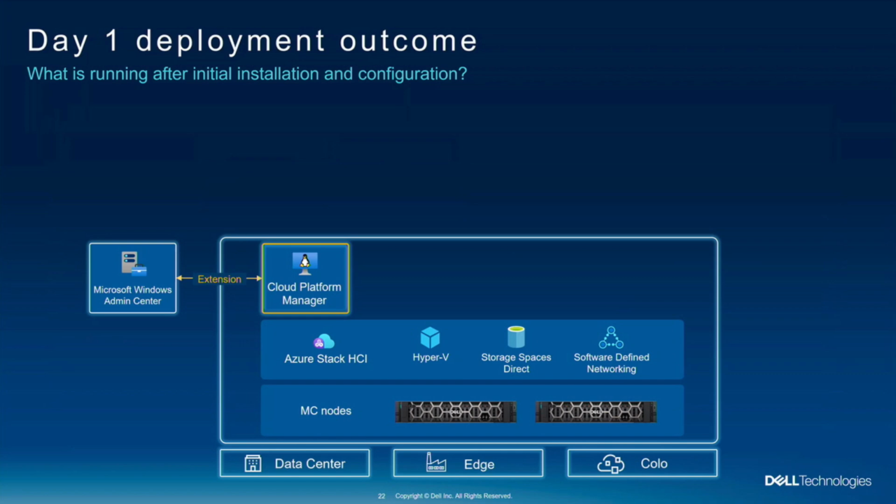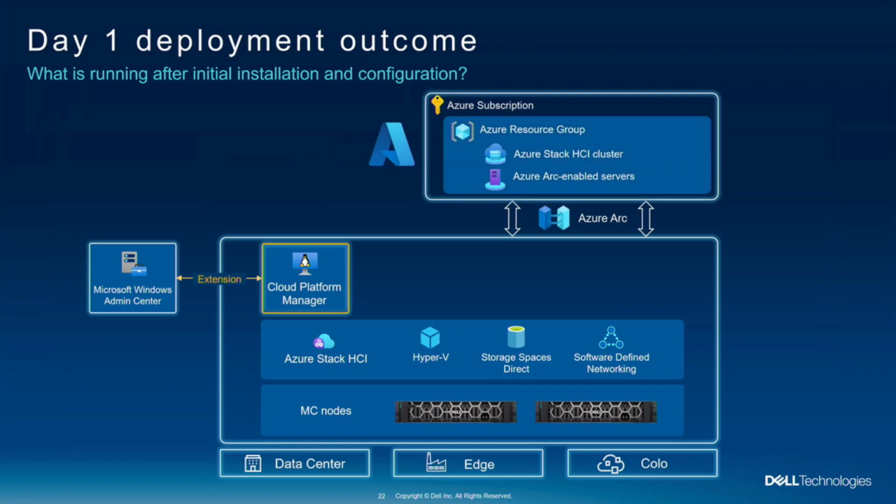And of course, that extension projects that infrastructure management into Windows Admin Center. Through Azure Arc, you have that connectivity with Azure for doing fleet level management, Arc-enabled VMs, AKS hybrid, all of those features that make Azure Stack HCI a hybrid operating system.